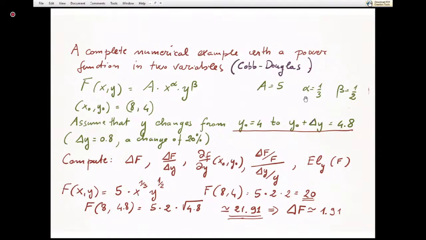So A is equal to 5. Alpha here is supposed to be equal to 1/3 and beta to 1/2. Suppose an initial input level, 8 units of the first input factor, 4 units of the second input factor. We want to compute some measures of change.